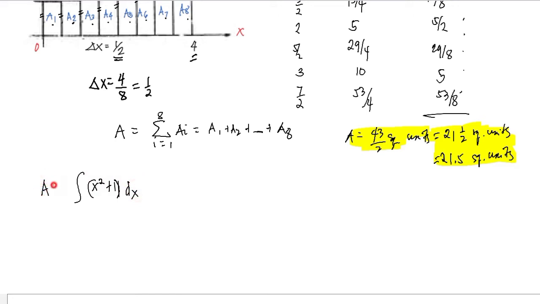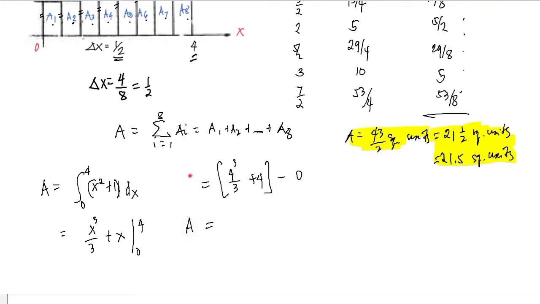So, area. Yung ating limit will be from 0 to 4. Okay. So, we would have x cubed over 3 plus x limit from 0 to 4. So, magkakaroon tayo ng 4 raised to 3 over 3 plus 4 minus 0. No? Kasi 0 na rin yun.